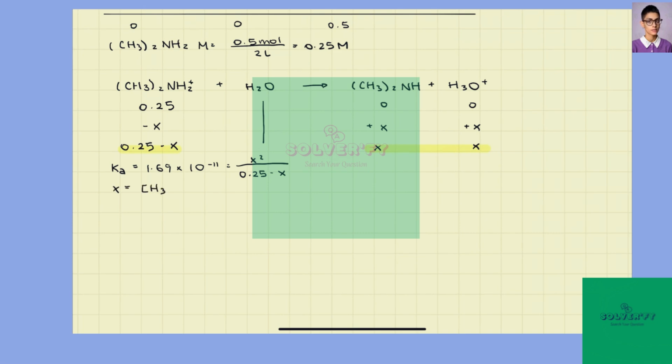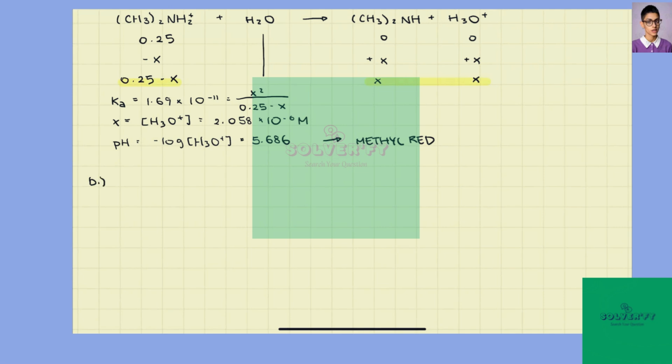Our x value is also equal to the concentration of H3O+, which is this value. Next, we can solve for our pH value, which is negative log of H3O+, and our pH is 5.686. As we look at the chart in our textbook, this will indicate that our indicator is methyl red.